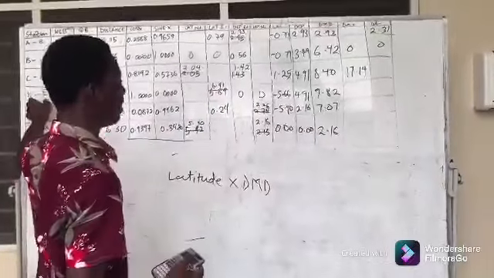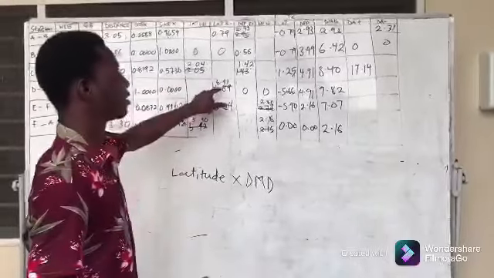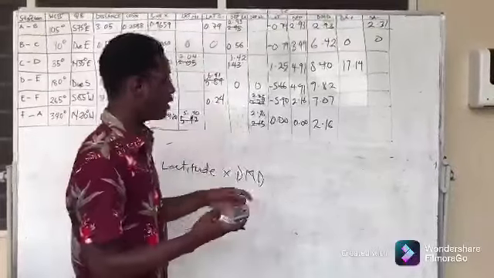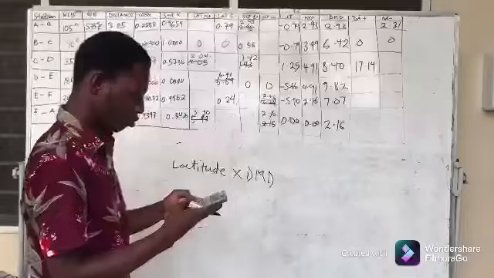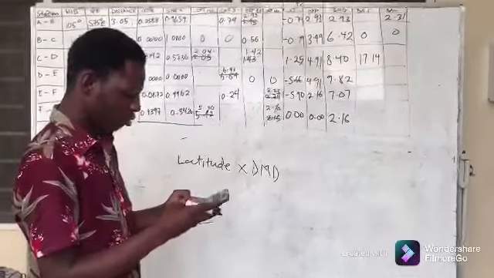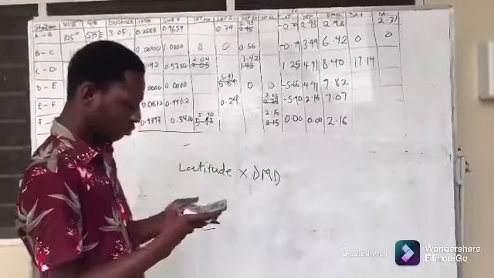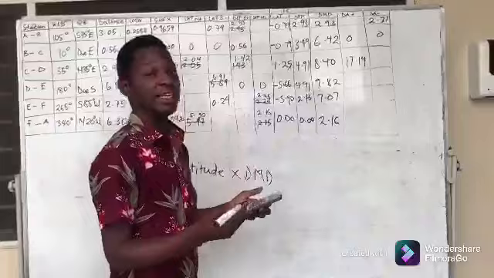For station DE, the latitude value is 6.91, and it's negative. So negative 6.91 times the corresponding DMD value, which is 9.82. 9.82 times negative 6.91, which will give you negative 67.86.